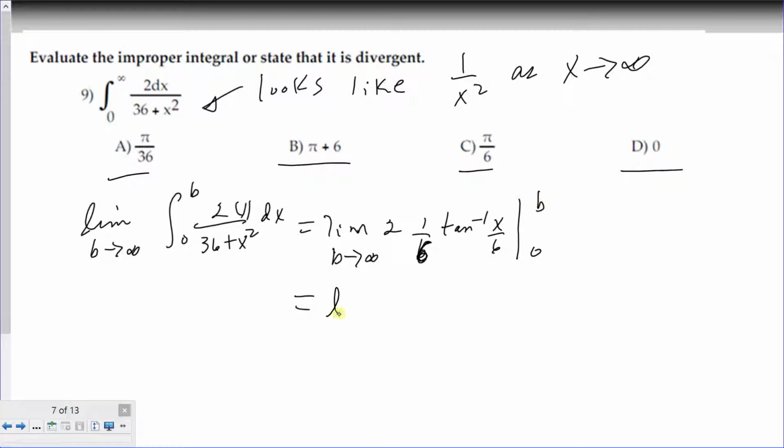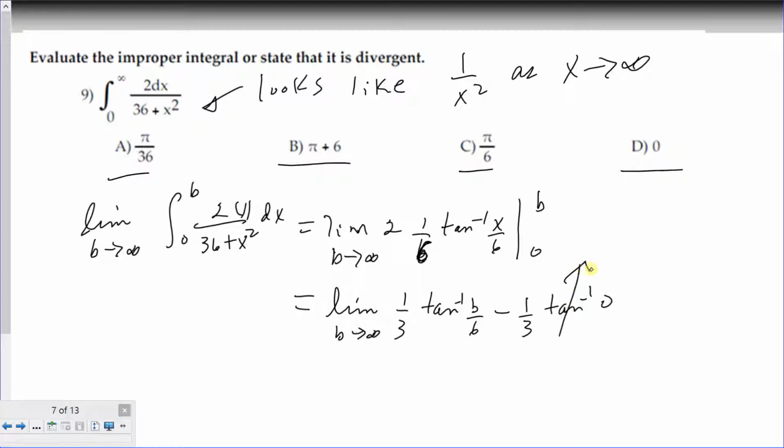This equals the limit as b approaches infinity of 1/3 inverse tangent of b over 6, minus 1/3 inverse tangent of 0.